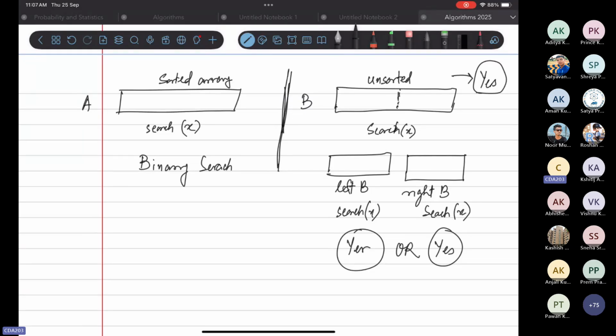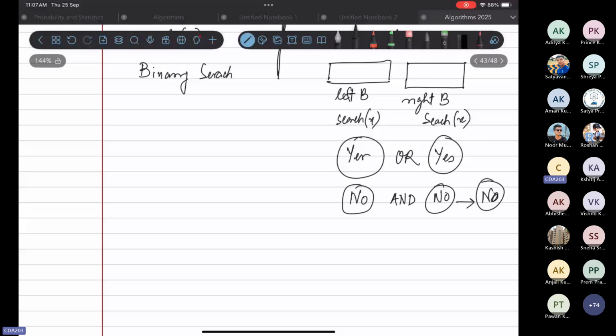Then only can I say that the solution of the original problem will be yes. What is the other case? If I have no here and also no here, then my answer will be no. That element is not present.